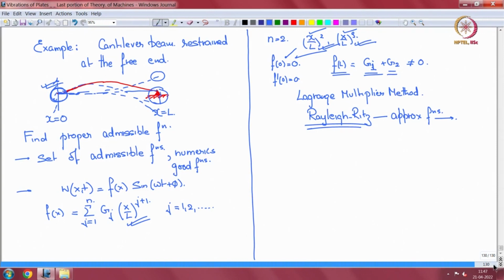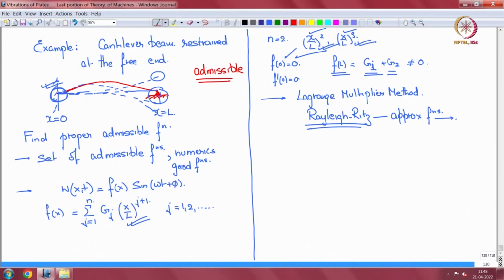Now we are in an augmented topic, an addition to Rayleigh's method, where what we have said is that suppose you have been working with a set of functions that are admissible for one system, and you have found them to be numerically stable in terms of matrix generations and inversions and so forth.